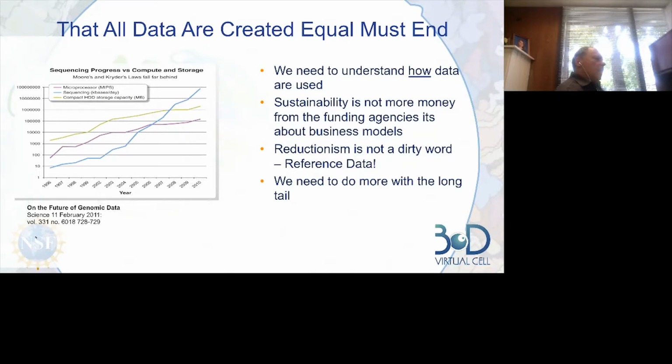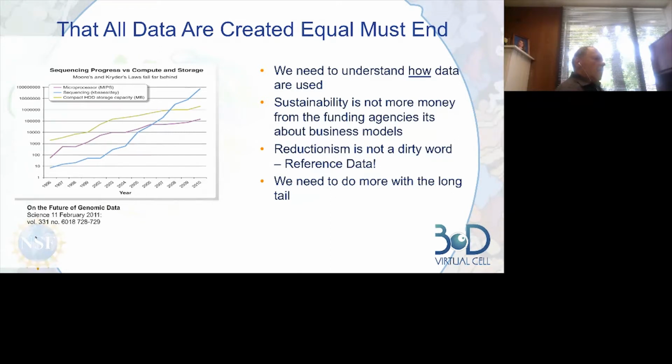It also points to reductionism. Take the reductionism in the human genome, given the redundancy from a reference genome to an individual's genome. Clearly there are gains to be made there, which are not really being addressed too much at the moment, but I think will come into play.